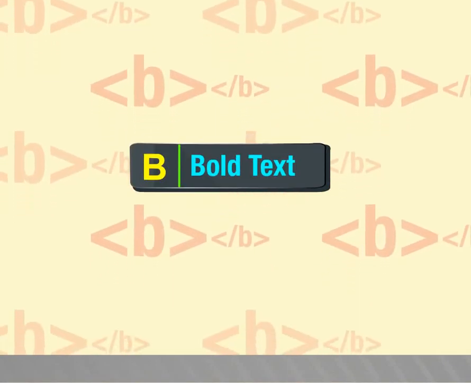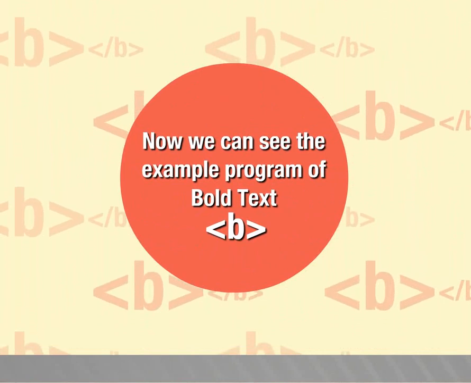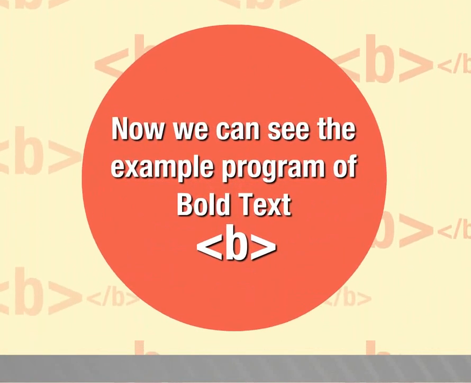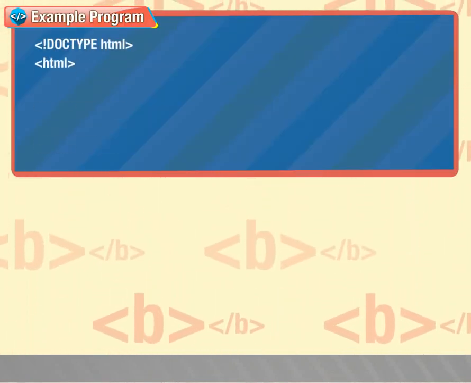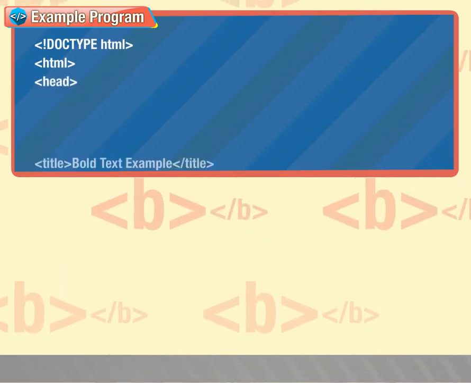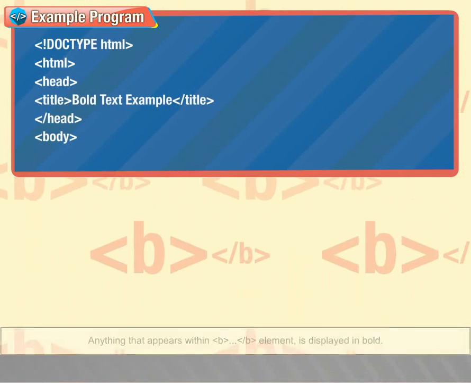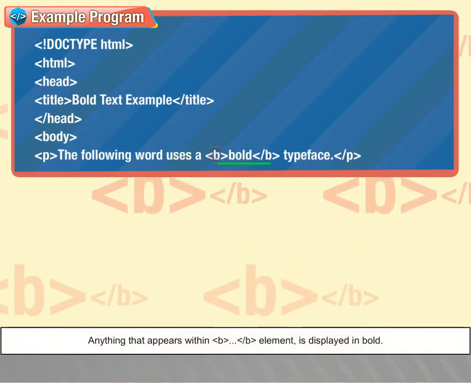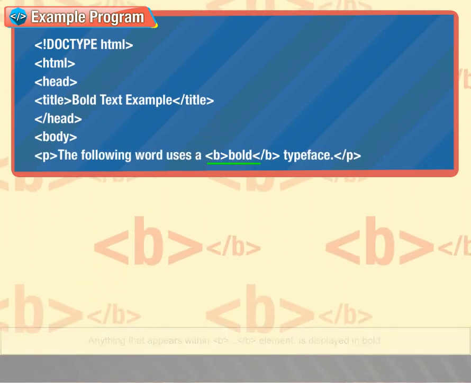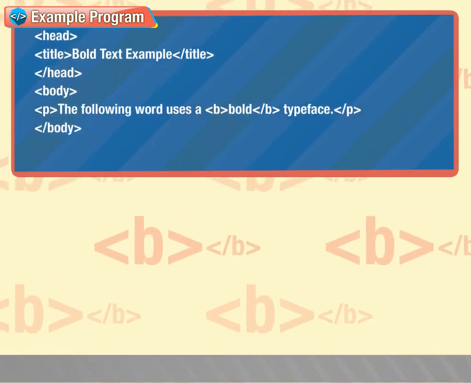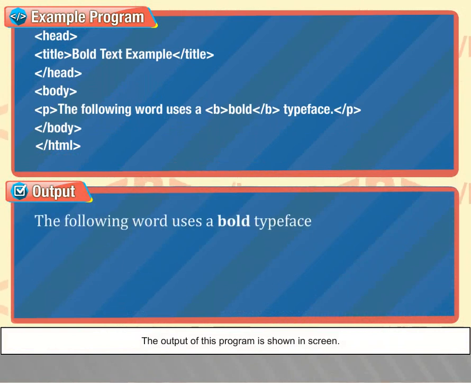Bold text. Now we can see the example program of bold text. Anything that appears within the B element is displayed in bold. The output of this program is shown on screen.